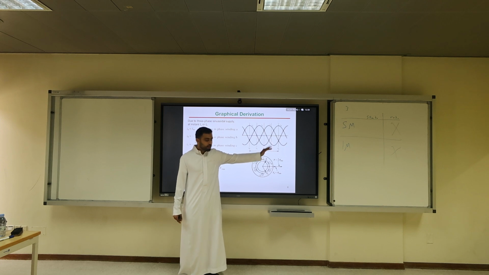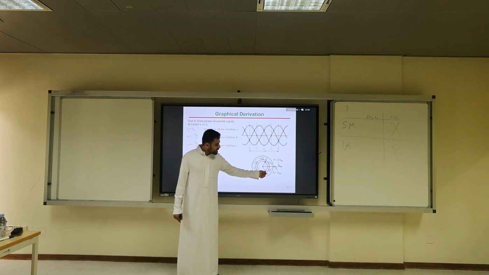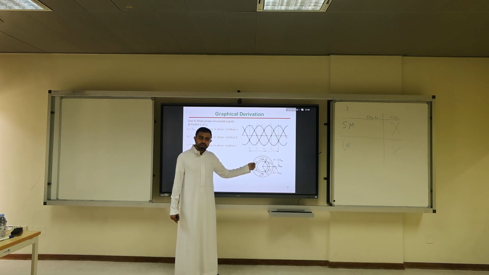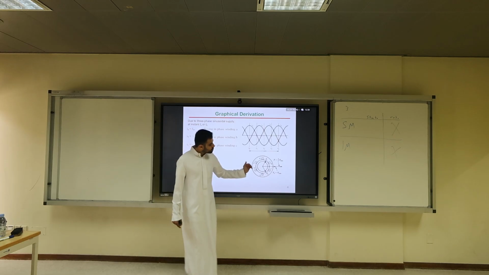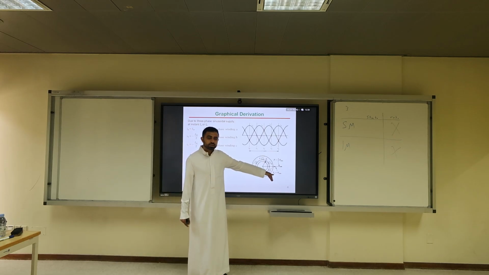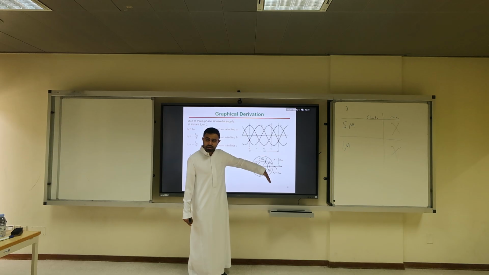Clear? Yes. For FB, the MMF for FB is between the coil A prime and C. The equivalent force, this is a force, this is not a current. This force is because of the minus I max over 2, and it is originally in this direction, but because it's negative, its impact is here.